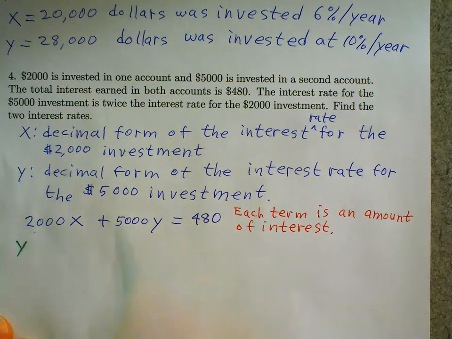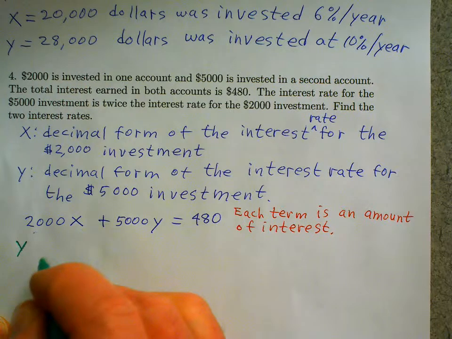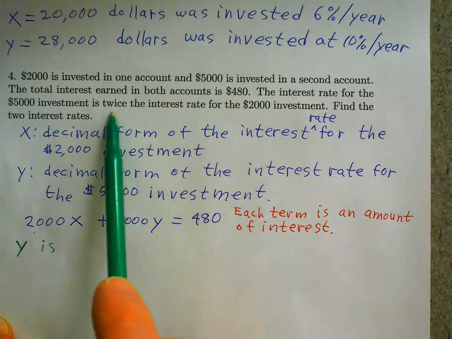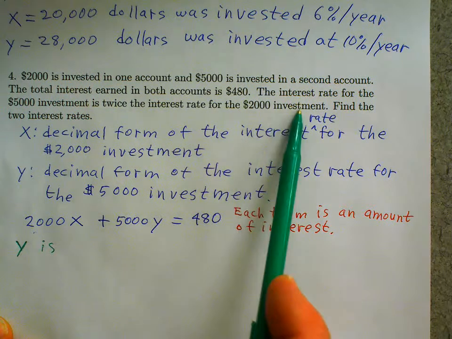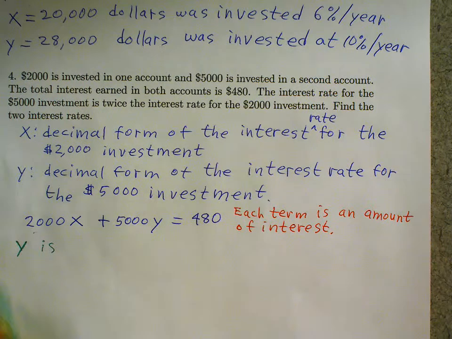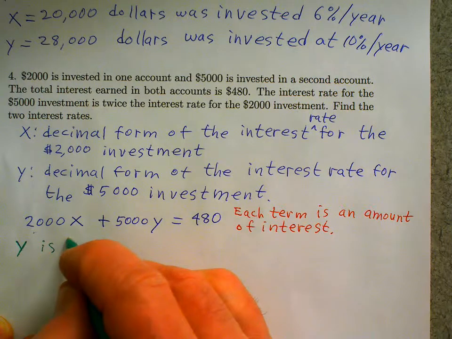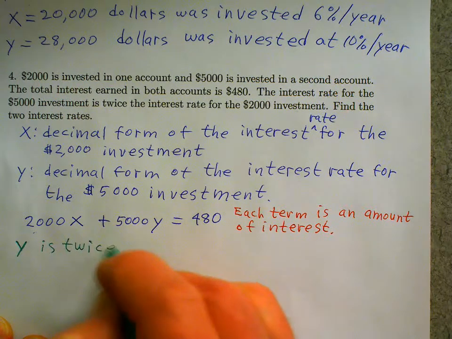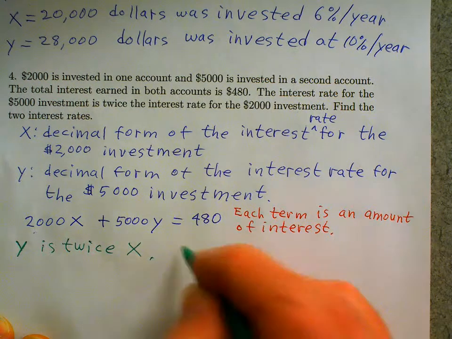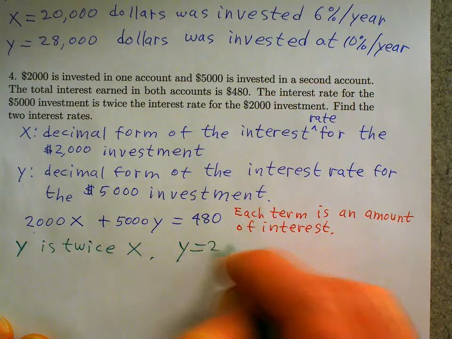So we could say Y is twice the interest rate for the $2,000 investment. So if X is the interest rate for the $2,000 investment, Y is twice X. So how do we translate that? Y equals 2X is all we have to do, right?